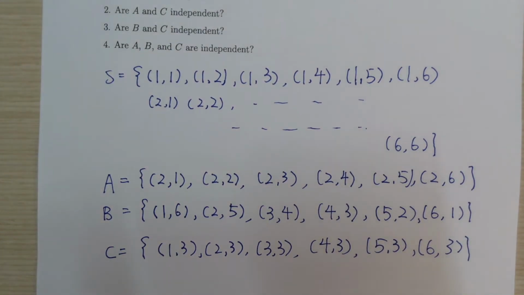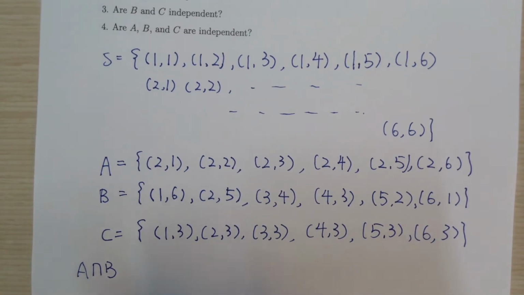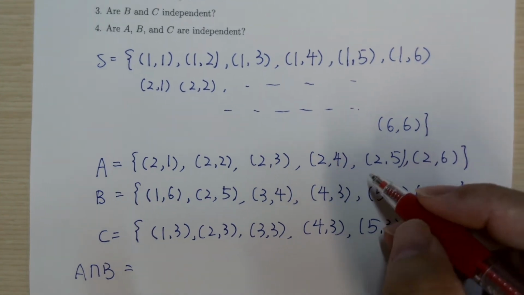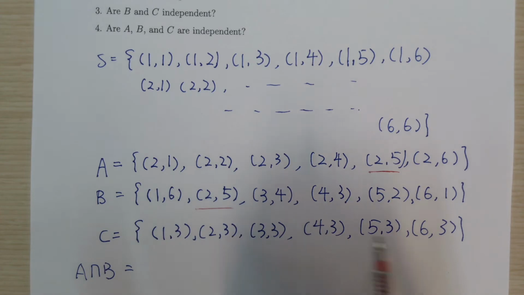And clearly, you can see what A intersect B is. As you can see, A intersect B has only one common element, which is 2 and 5.